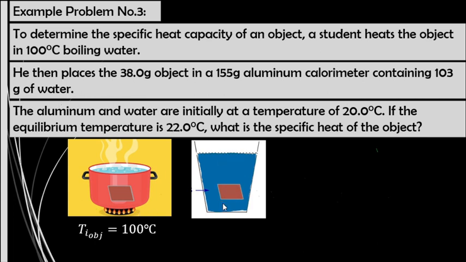From the second statement, our given is the initial temperature of our water, which is 20 degrees Celsius. Since the water and the container are in contact with each other, we can also say that the initial temperature of the calorimeter, T sub i cal, is equal to 20 degrees Celsius.